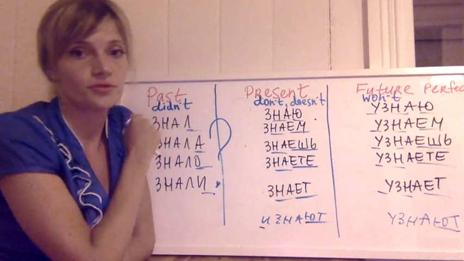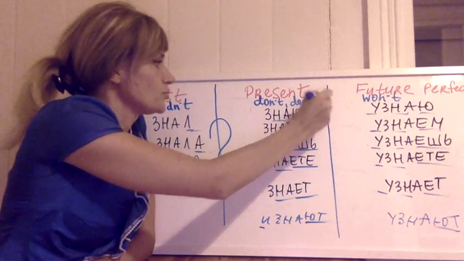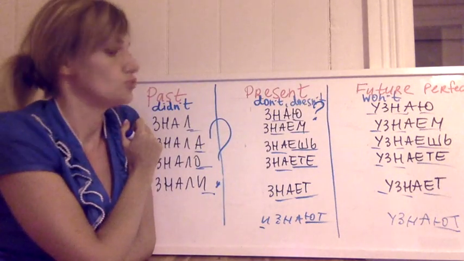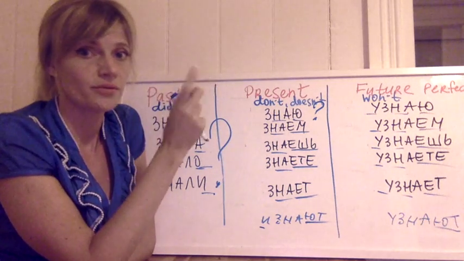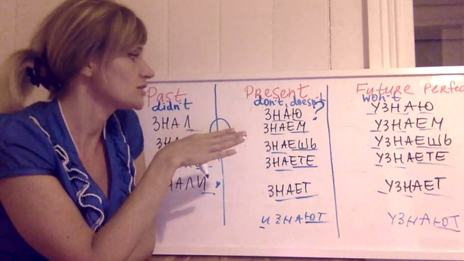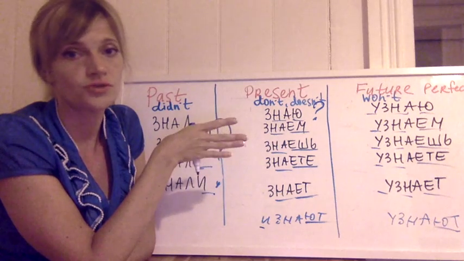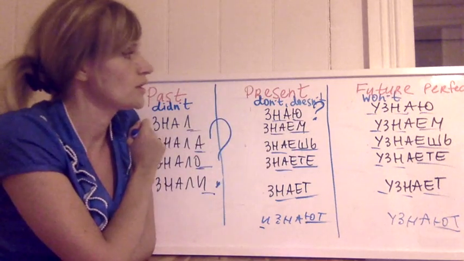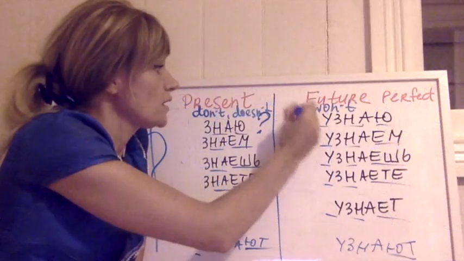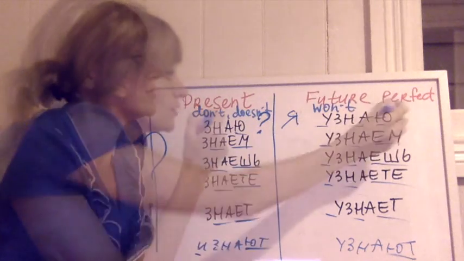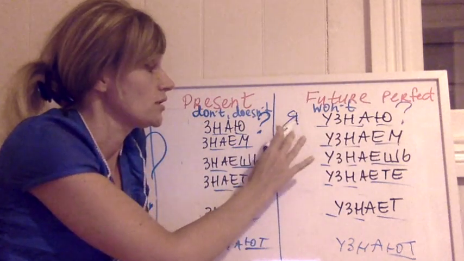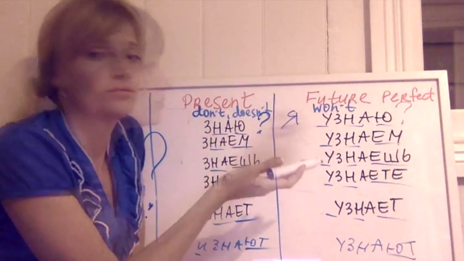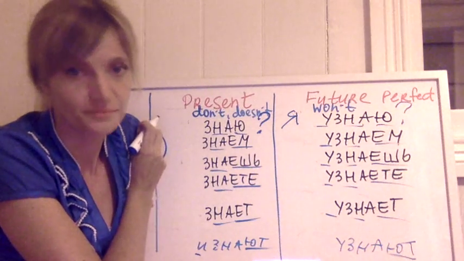Tada, affirmative. If you put a question mark, do I know? In English, something changed there. In Russian, nothing changed. No drama, just a question mark. Future. Я узнаю. Dot. Question mark. Nothing changed. Я узнаю. Will I know? Just intonation.